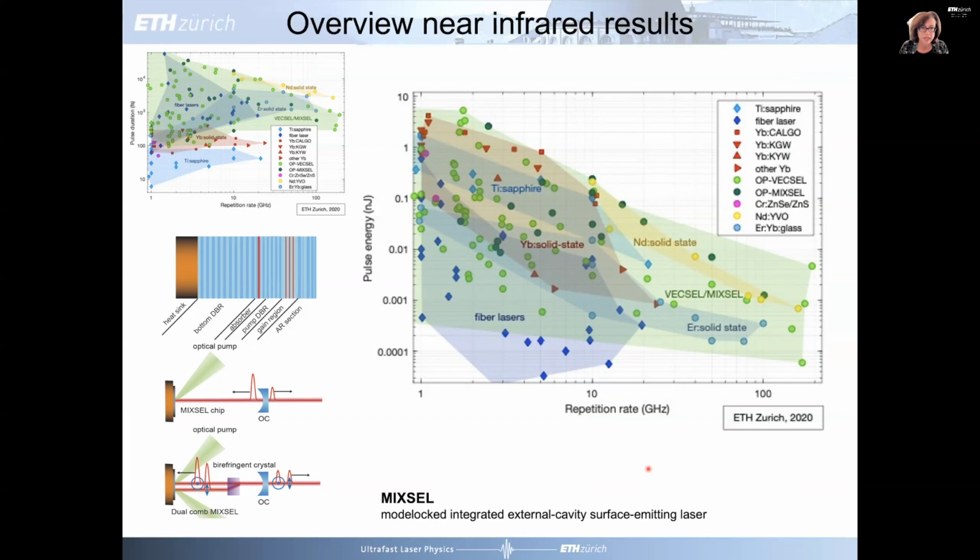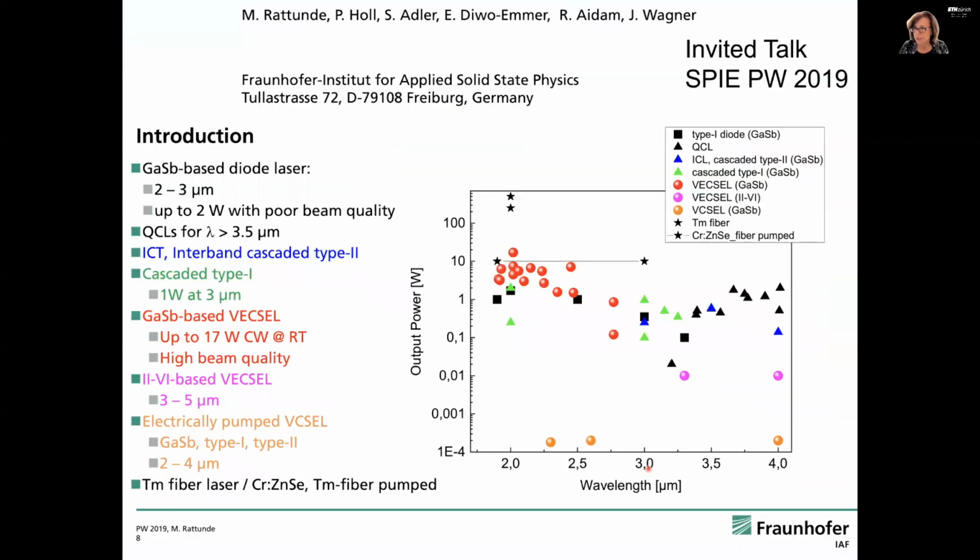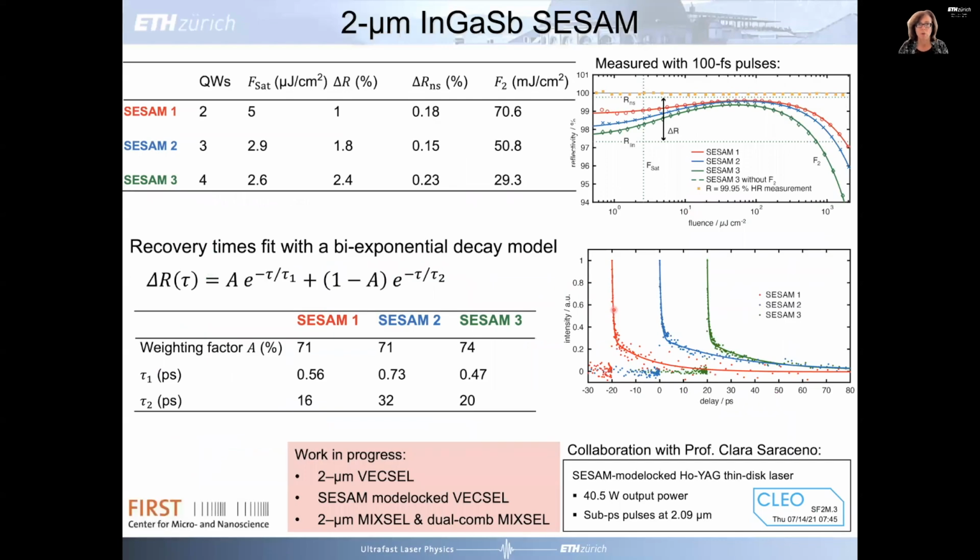a real product. Our efforts right now are focused only on the mid-IR because we have the funding in this regime and we are motivated by the prior CW results by our colleagues from Fraunhofer Institute. And when you look at our first results on the SESAM, we now work with 2 micrometer VCSEL also on the type 1, looking to do the SESAM mode locking and to ultimately do the integration on the VCSEL and do the dual comb VCSEL demonstration.